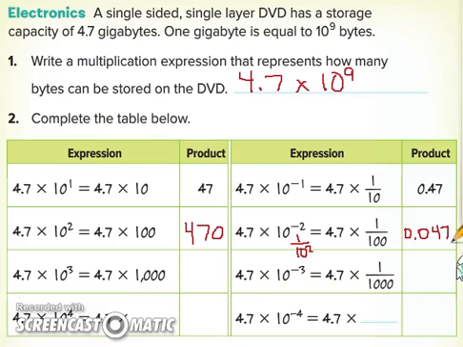So what I want you to be doing in this lesson is actually to finish this table here, and you're going to look at your pattern. You look at a relationship here, and you're going to focus on what happens when we're multiplying by a positive power of 10 versus a negative power of 10, and how that's relating and changing the decimal point. How is it changing the exponent?